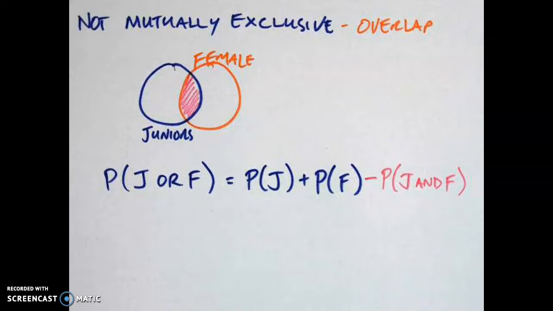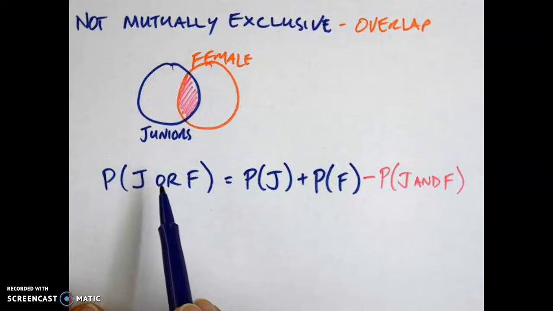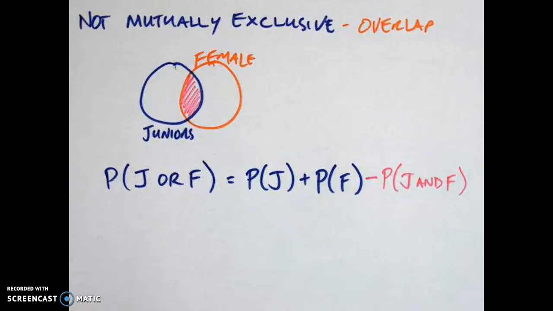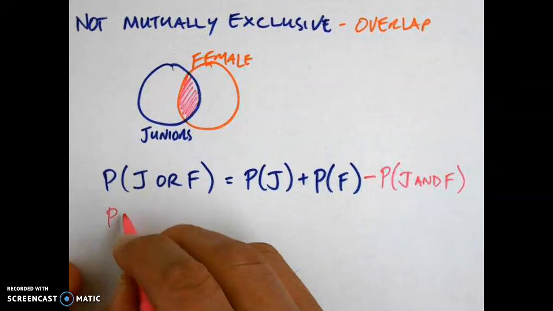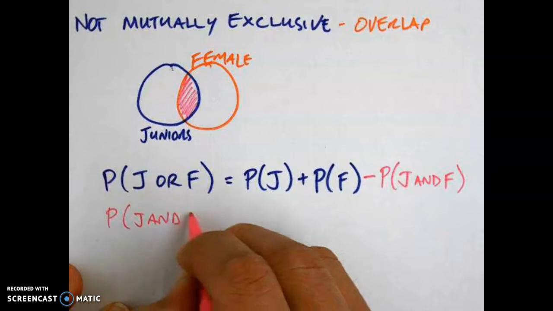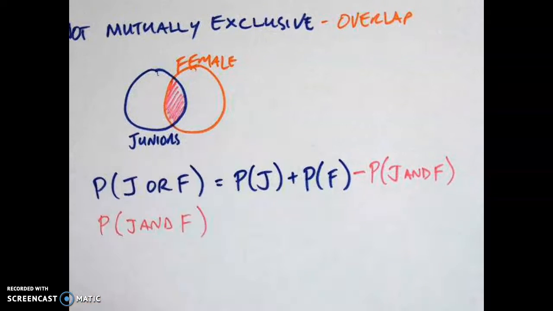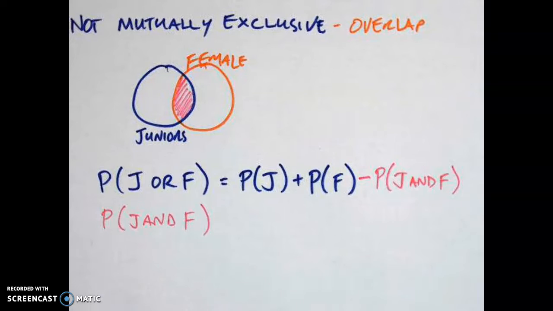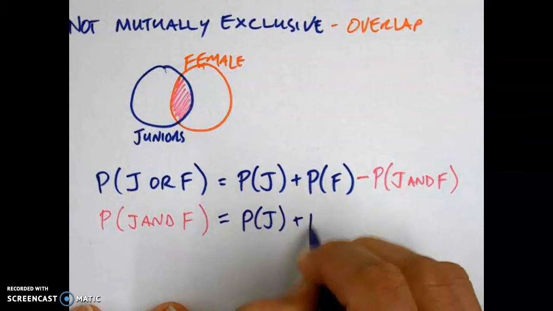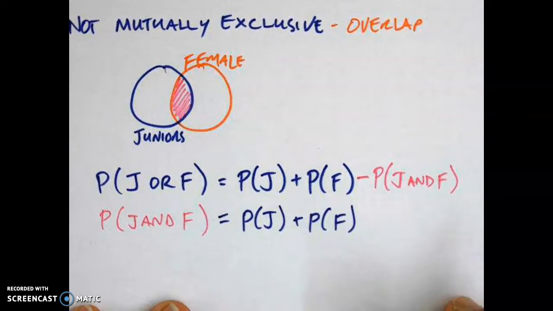Yes? Okay. One thing you need to know for your homework assignment, what happens if I subtract this from both sides and I add the pink to both sides? Well, then here's your new equation. If I add the pink to both sides, I have junior and female. This part's the same.